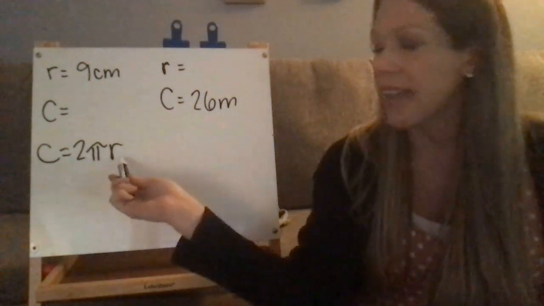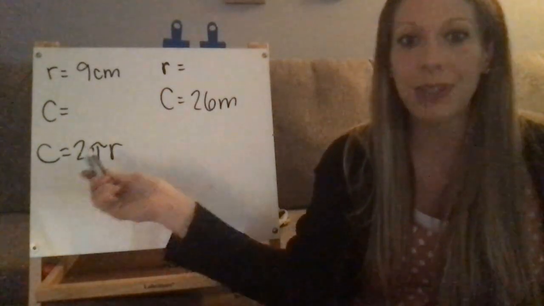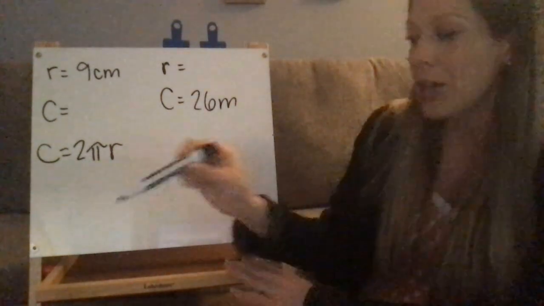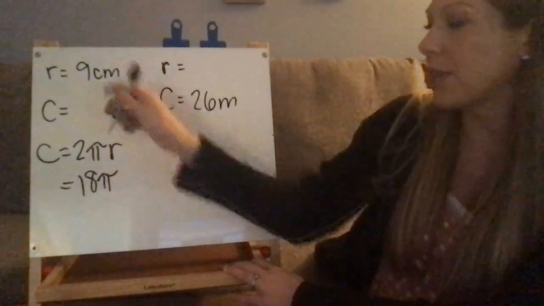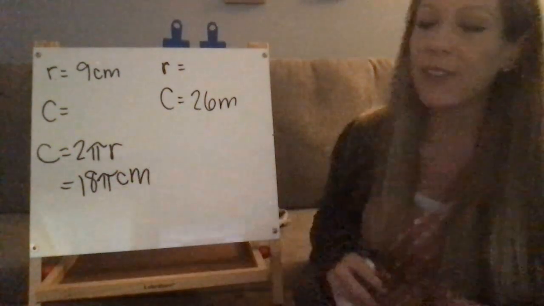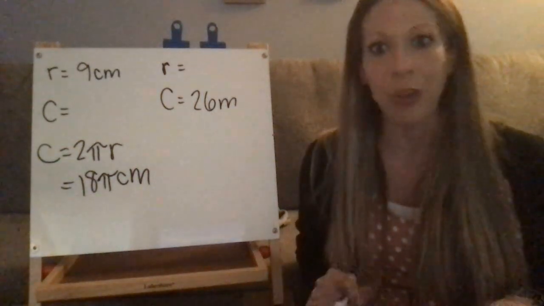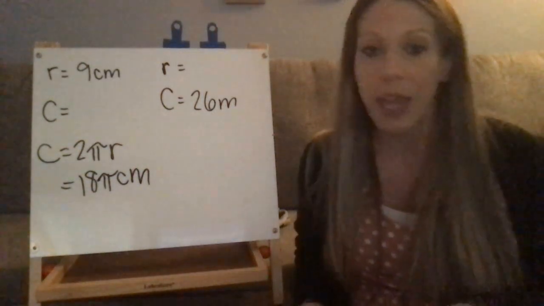So if I plug in 9 for r, I have 2 times pi times 9, which is 18 pi. And our units are centimeters. So remember, circumference is like the perimeter of a circle, the distance around the circle.